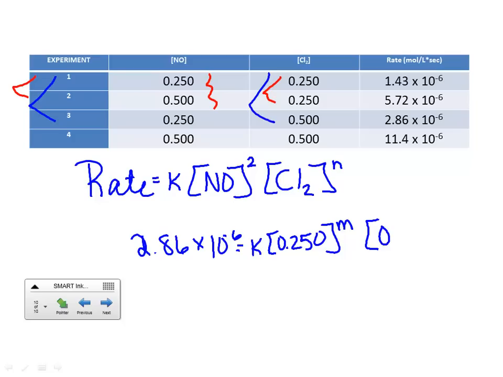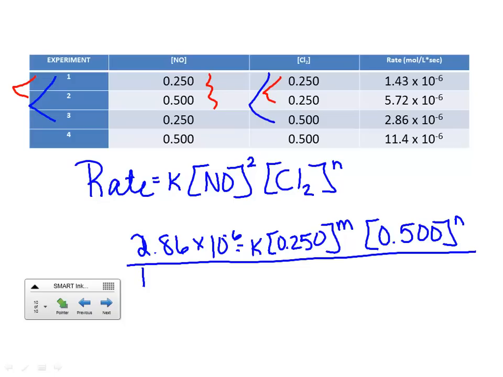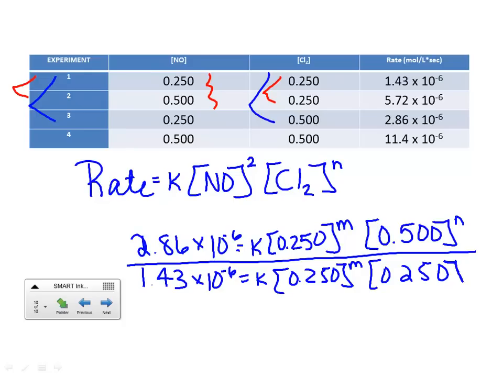And that's going to be times 0.500 to the n. And all of this is going to be over 1.43 times 10 to the minus 6 equals K times 0.250 to the m, 0.250 to the n.